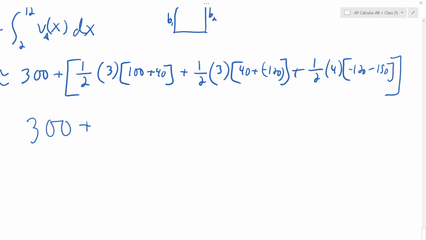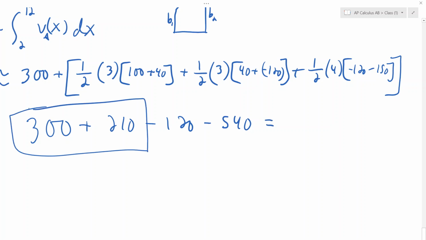What is this? 70 times 3 is 210. I'm just doing this out, kids. What's that? Negative 80, 40, negative 120. If I mess up, please let me know. What's that? Negative 270 times 2 is negative 540. Does that sound good? Okay. These two together make 510, right?